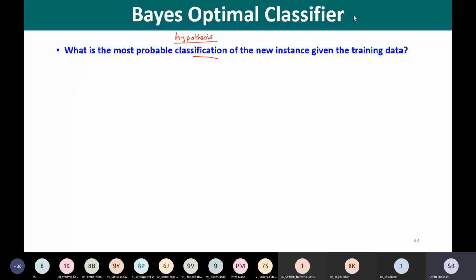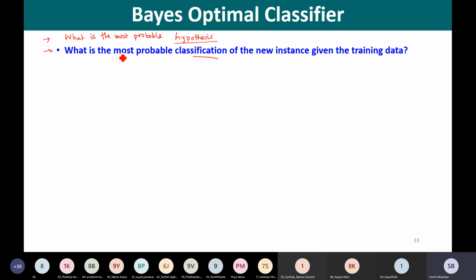So, as I stated, we are interested in finding out the answer to the question, what is the most probable classification of the new instance given the training data? So what is the difference in these two? Can anybody distinguish between these two questions? The first question was, what is the most probable hypothesis given training data?